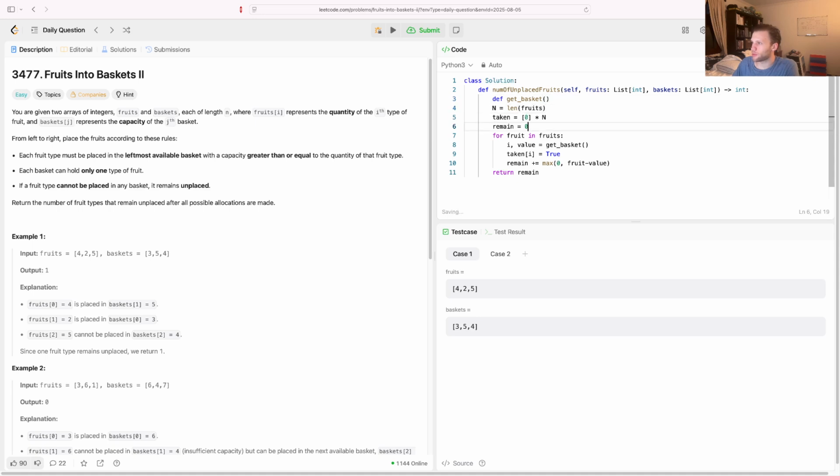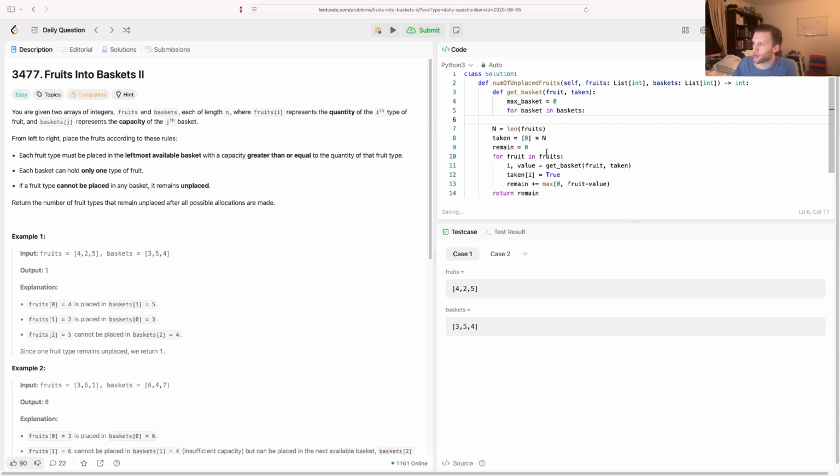We're actually going to need the fruit and the taken, both of these. And then essentially we're going to have to go over each basket each time, and we always have to keep track of the max basket.